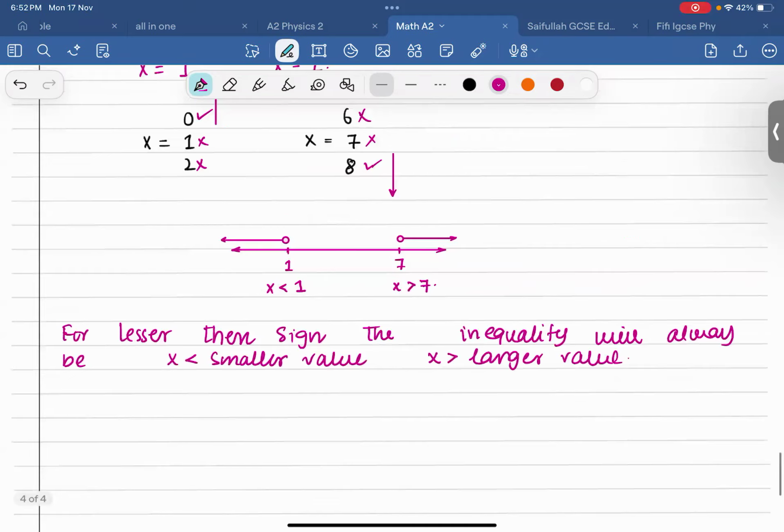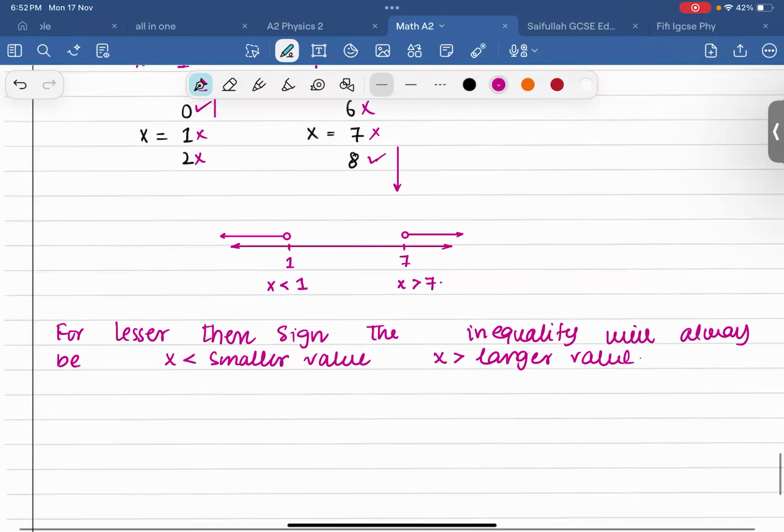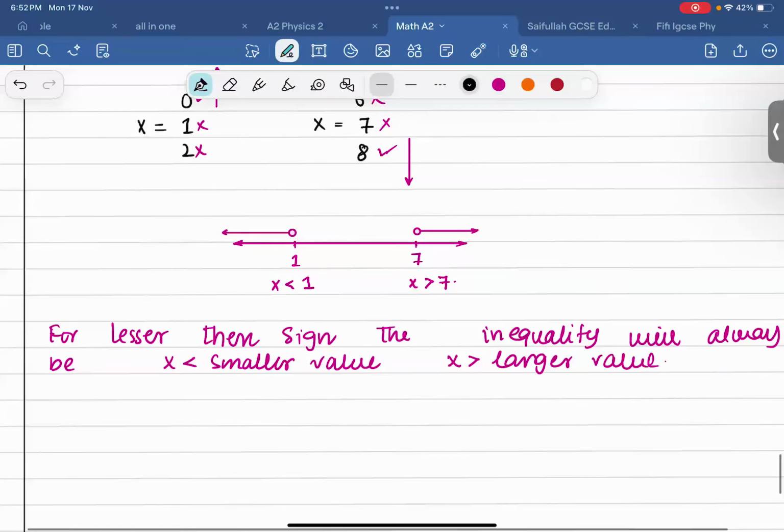And these two values are basically known as the critical values, right? So these are the critical values.